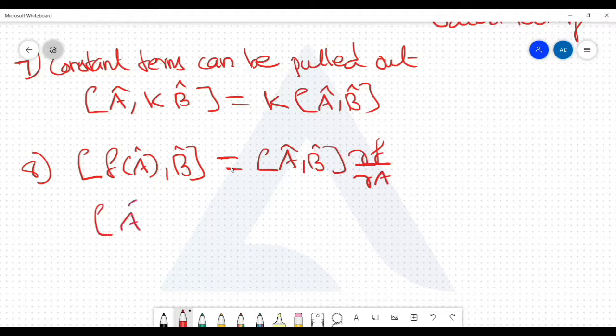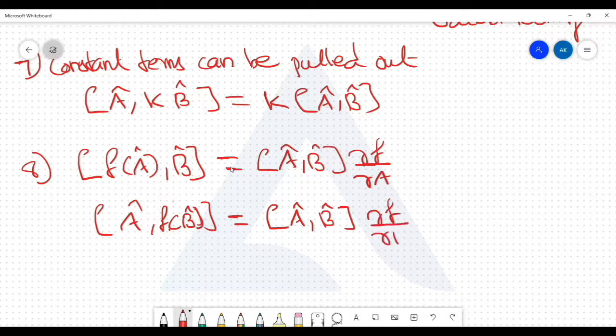If you have the commutator of A with some function of B, something like this, then you will get the commutator AB with dou F by dou B. Okay, this is an identity. Take the commutator with AB, then differentiate that function.